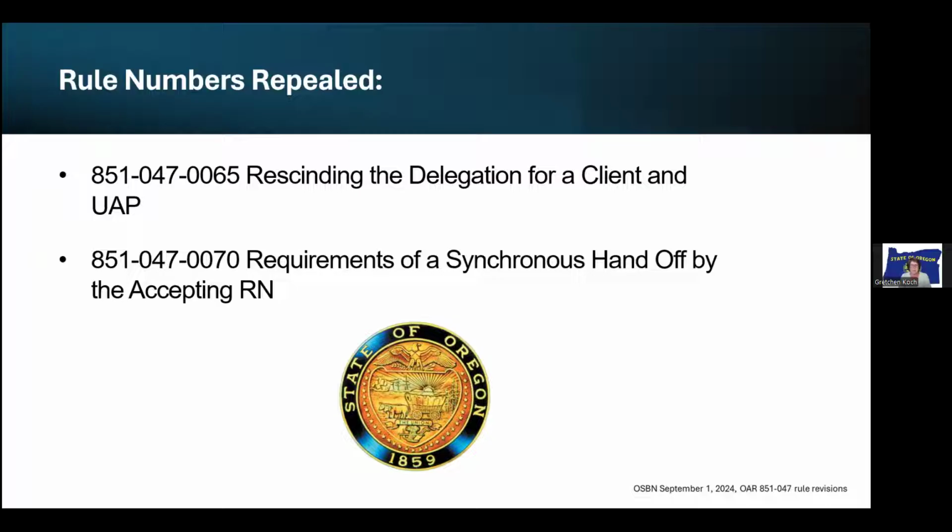So these former rule numbers literally addressed client handoffs and care transitions between an RN who was leaving or ending their therapeutic relationship with a client, or had made the decision that they're not going to delegate anymore, as well as for 0070, that RN coming into the care situation who might be accepting what was formerly called a transfer of delegation, which was then termed a handoff.